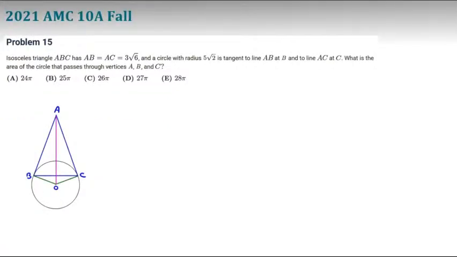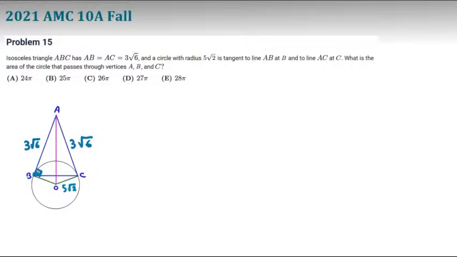Here it says from AMC 10A, isosceles triangle ABC, AB, AC equal to 3 root 6. So let me write 3 root 6, 3 root 6, and a circle with radius 5 root 2. Okay, this radius is 5 root 2. Is tangent to line AB at B. So this part it means the radius will be 90 degrees.